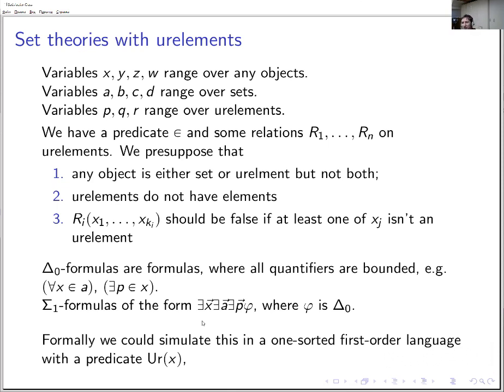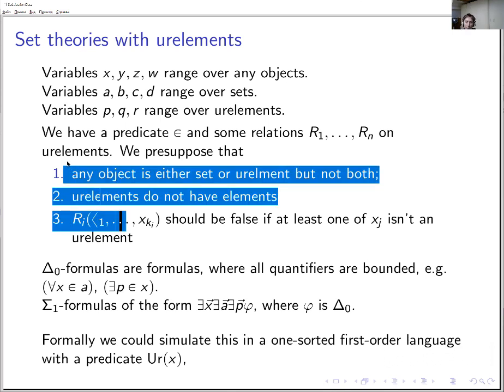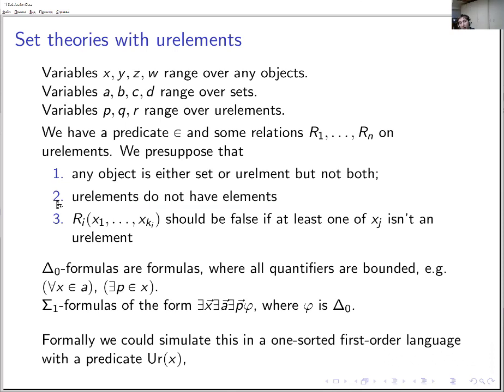Of course, if you don't like this unusual variant of first-order language, it could be regarded as syntactical sugar over the usual one-sorted first-order logic. You add to your first-order logic an additional unary predicate U, with the intended meaning that U(x) holds if x is an urelement. Then conditions 1, 2, 3 could be stated as additional axioms.